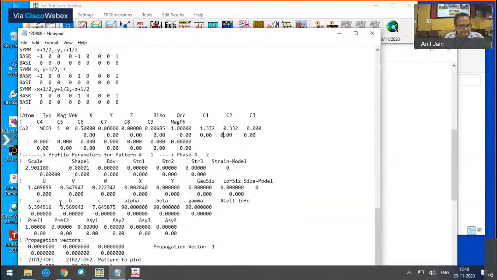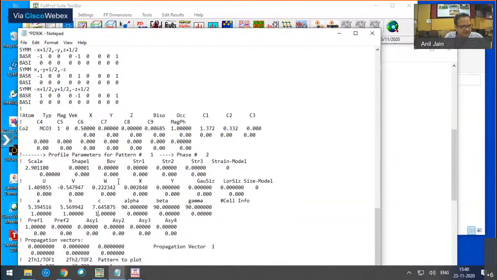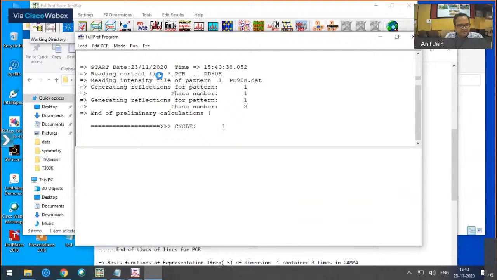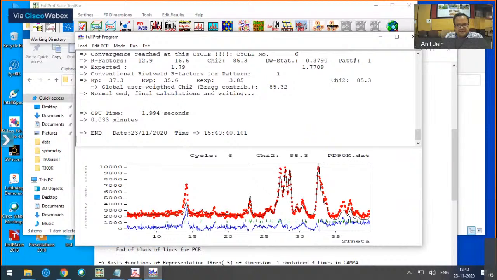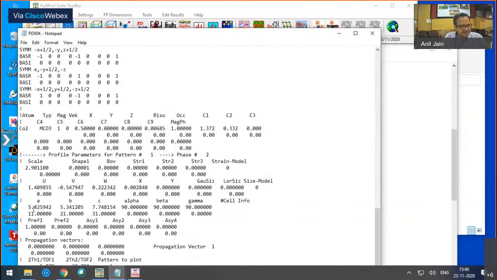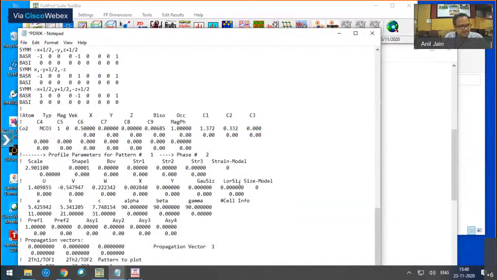And now what we can do is we can try to refine this a, b, c once, because they were refined at room temperature. So I will try to refine first for the magnetic phase and then, okay, you can see our lattice constant has changed a bit. I can put it for the nuclear phase and then refine them with the same code.